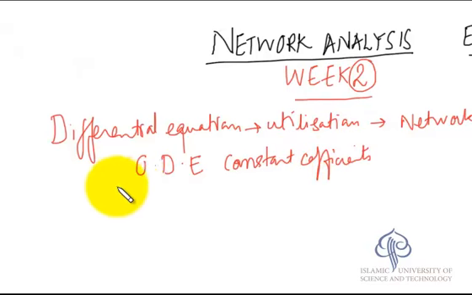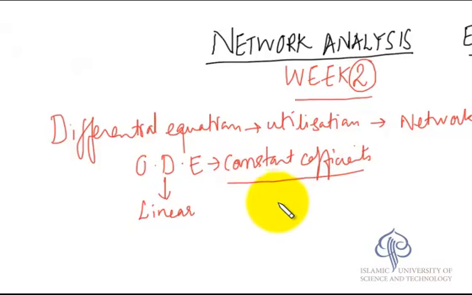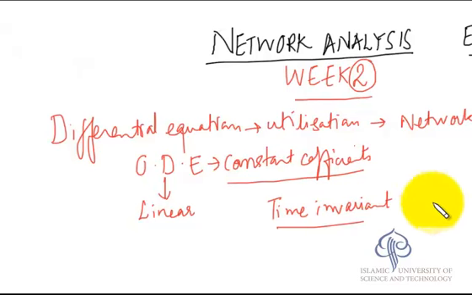And these ordinary differential equations would be linear by nature because the circuits that we are talking about are linear by nature. And constant coefficients makes them time invariant. So this is possibly the simplest case within the framework of differential equations, and this is useful in solving quite a number of circuits.